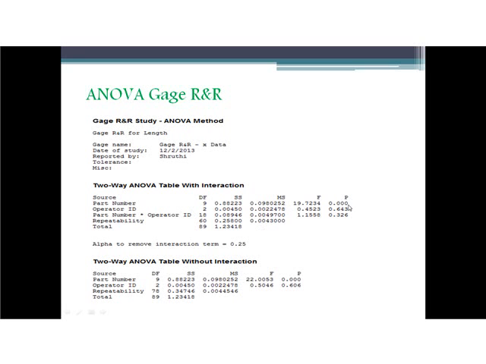In the case of operator ID, it is greater than 0.05, so we can say that the operator has no effect. In the case of part number and operator ID together, the p-value is also greater than 0.05, so there is no interaction between the part number and operator ID.